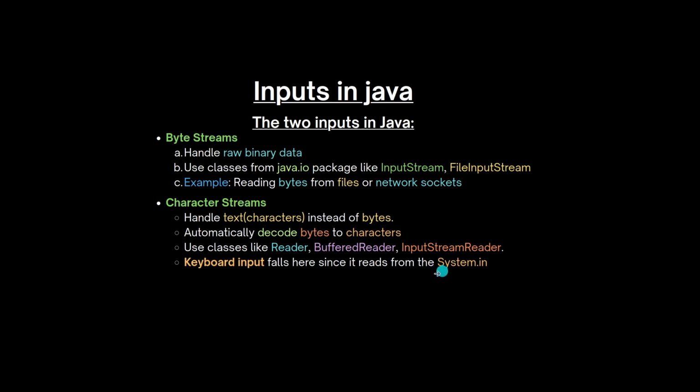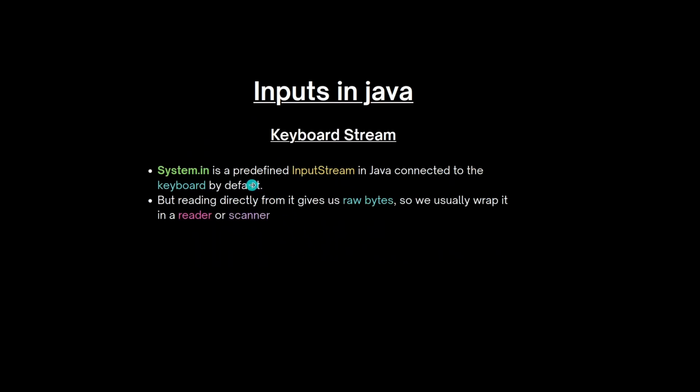Now let's dive deeper into this System.in because we will be using it to read data or characters from the keyboard. System.in is the predefined input stream in Java, and it is connected to the keyboard by default. But reading directly from it will give us raw bytes. So we usually wrap it in a reader or a scanner in order to decode those bytes into characters.